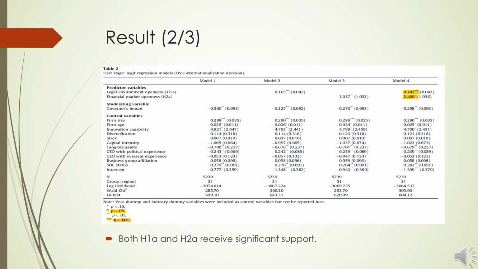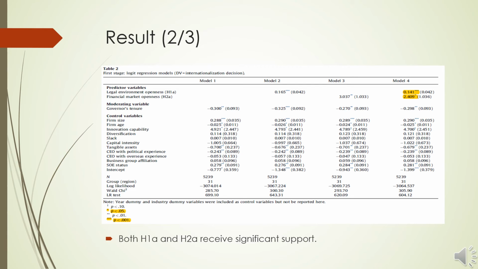This table reports the results of longitudinal models based on the first stage model estimation, which uses the internationalization decision as the dependent variable. In Model 4, highlighted in yellow marker, both legal environmental openness and financial market openness have significant and positive effects.